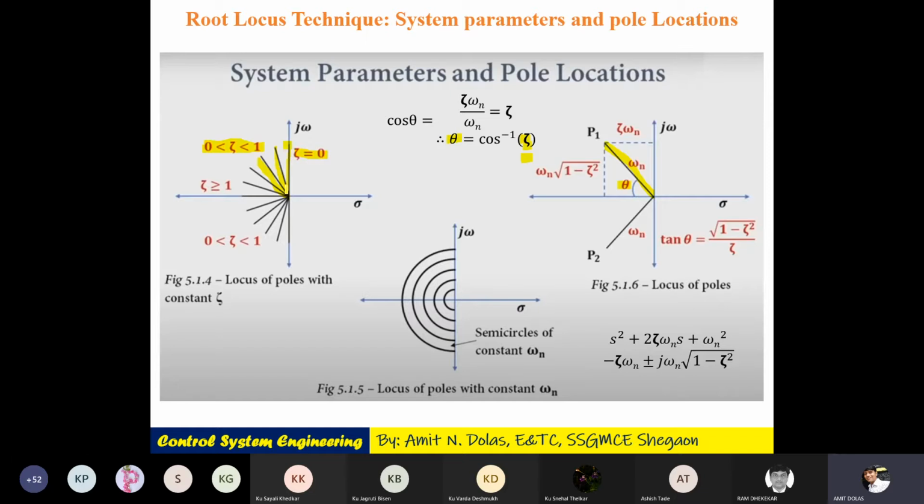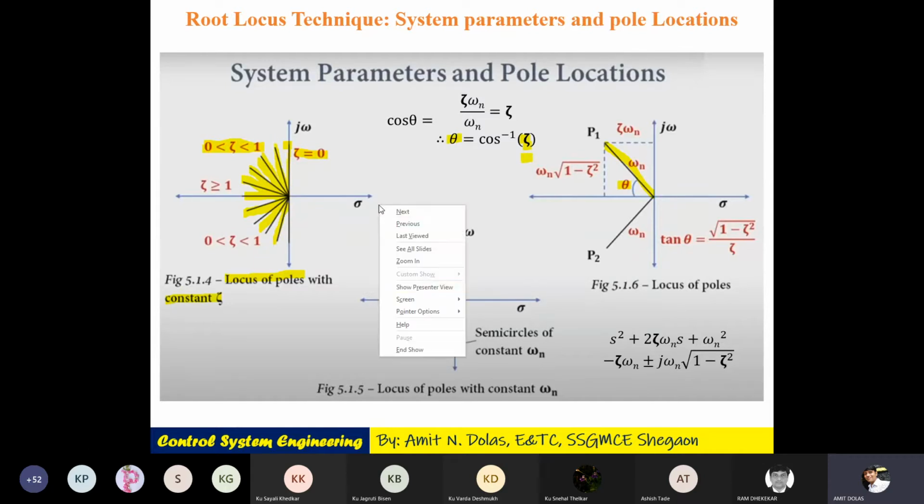If I increase zeta, it will go here. Again I increase, it will go here. Again I increase, it will go here. Likewise. This is how it goes. So locus of poles with constant zeta.